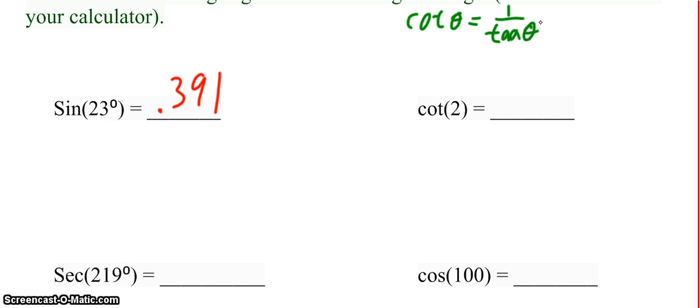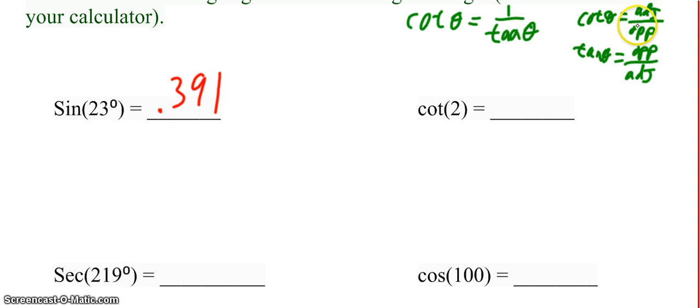That should make sense, because cotangent of theta is adjacent over opposite, and tangent of theta is opposite over adjacent. So these are reciprocals of each other. To find the reciprocal of something, we can do 1 divided by that thing. That's how I come up with this relationship.